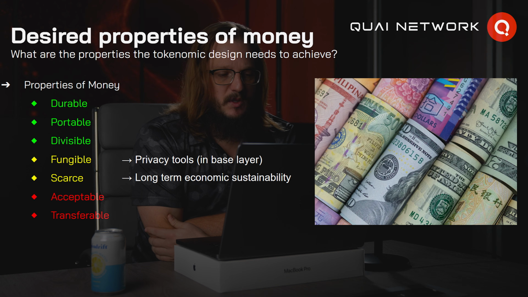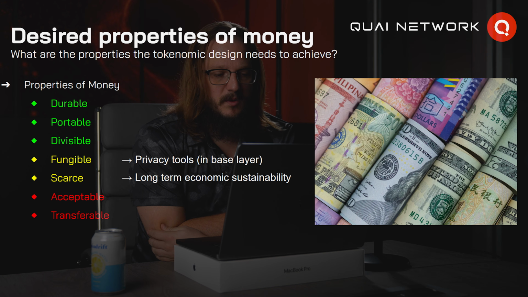In terms of scarcity, we also need a long-term economic model that allows for economic sustainability.